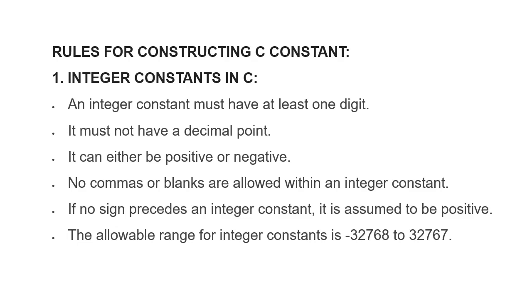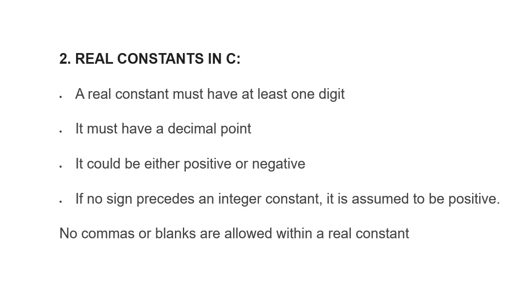The allowable range of an integer constant is minus 32,768 to plus 32,767. So what are real constants? A real constant must have at least one digit. Rules for constructing real constants: it must have a decimal point.